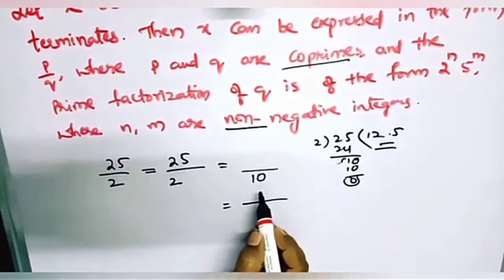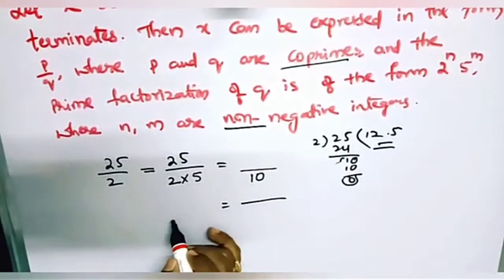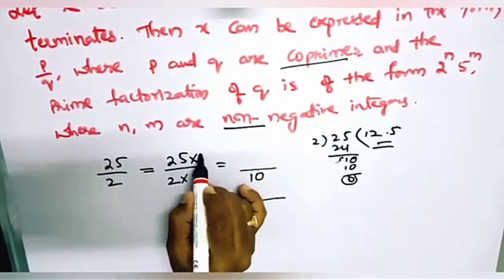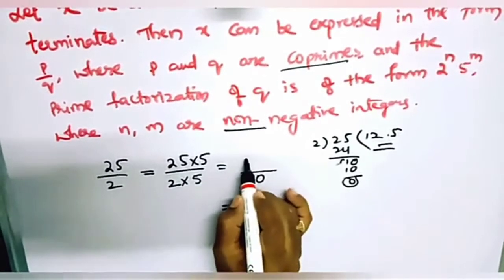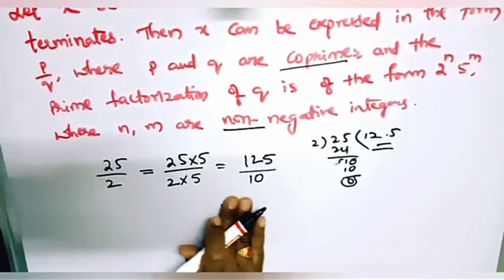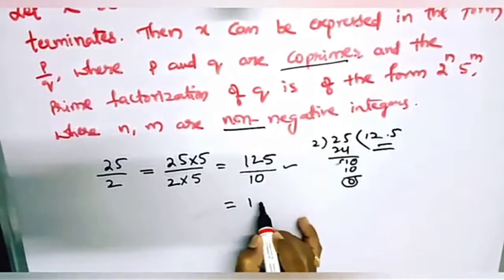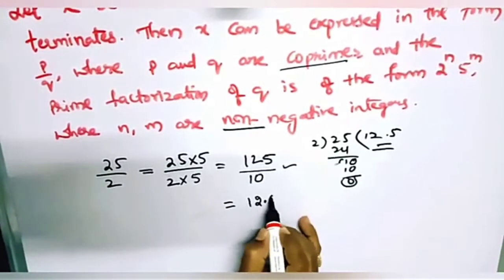How can I get the denominator 10? If I multiply 2 by 5, I get 10. So the numerator is also multiplied by 5: 25 times 5 is 125. See, 125 by 10 is a decimal fraction. Now I can easily write it in decimal form, that is 12.5.